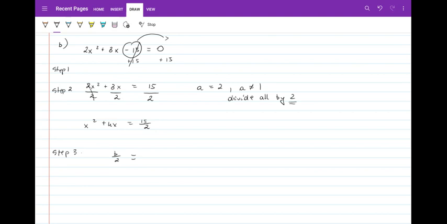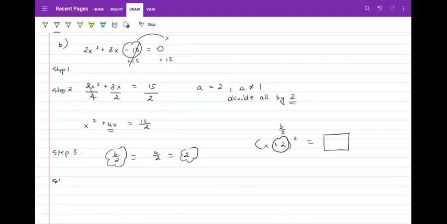So b over 2, b it's 4. We have 4 divided by 2, that will give you 2. Keep it in a cloud, that will be later in a parenthesis. So I already know that we'll have x plus 2 squared equals something. I already know that, just by knowing what is that b over 2 when we complete the square.